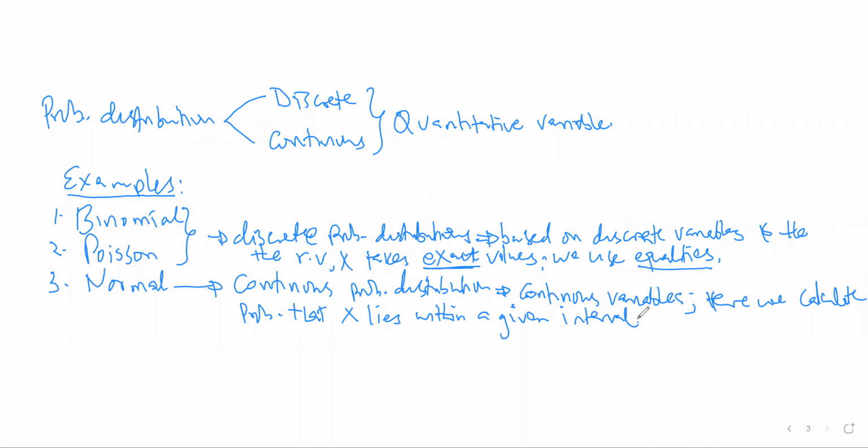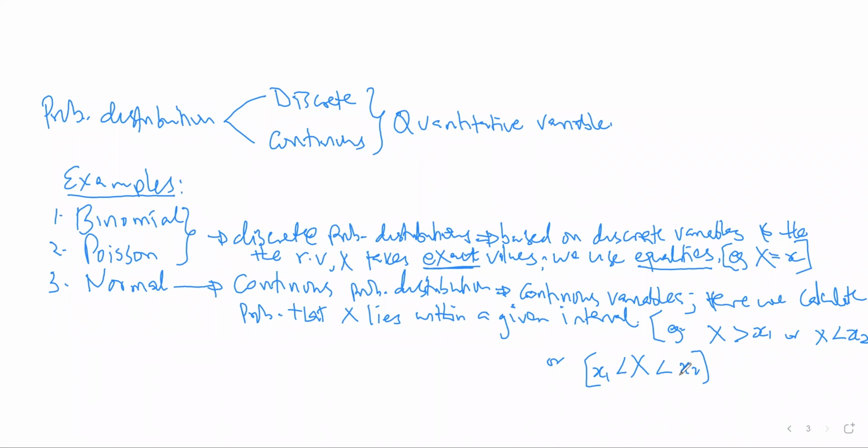So in the case of continuous distributions, we do not look at X being equal to something, for example X equal to 5 or X equal to 12.8. Instead we talk about X being in an interval, or X being less than, or X being greater than X1 or less than X2. So we calculate the probability that X lies within such an interval.